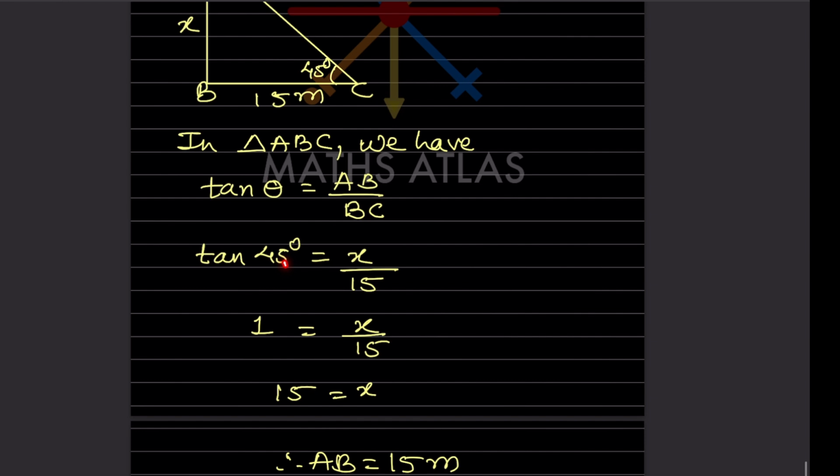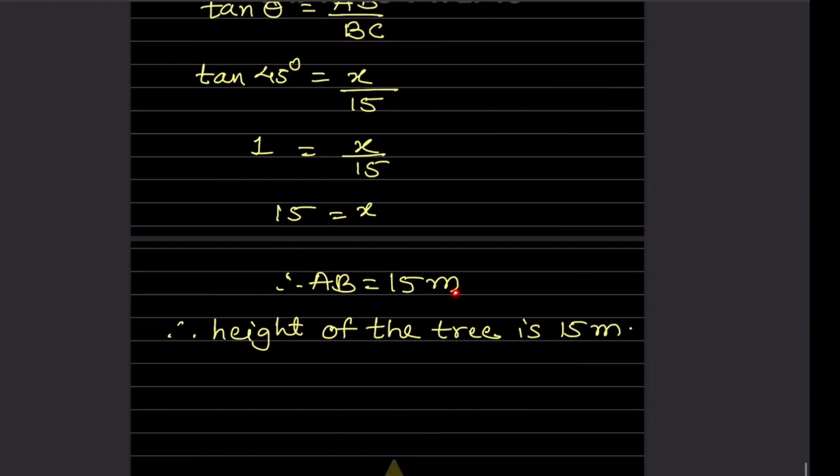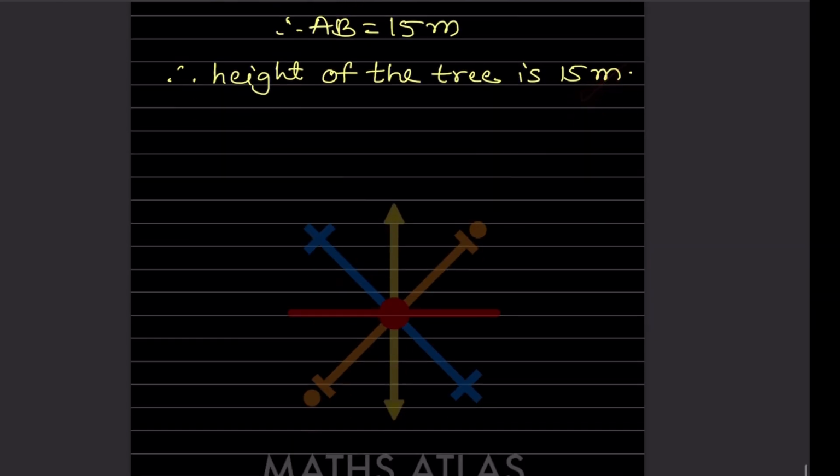Tan 45 is 1. So now this is X by 15. When you multiply, 15 times 1 is 15, and X is AB. So AB is 15. So the height of AB is nothing but the height of the tree, that is 15 meters.